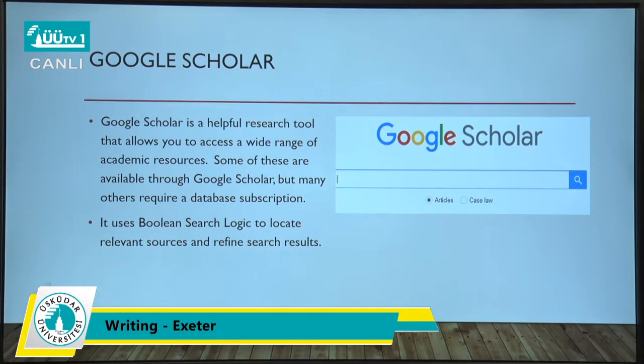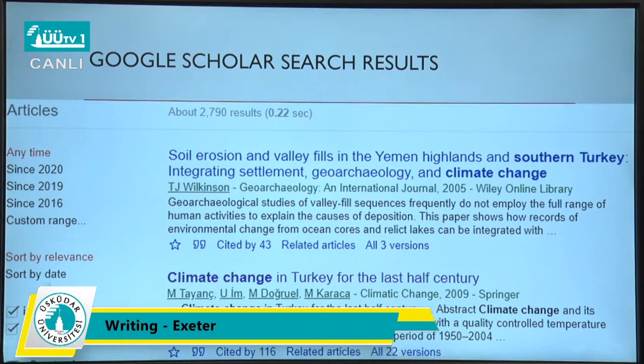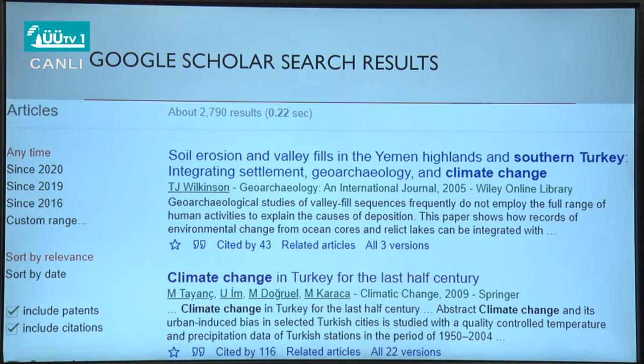Okay? So, as you can see here, we use Google Scholar, and this is an example of our results. As you remember, we had southern Turkey and climate change as our keywords. Let me read the first article that we have found: Soil erosion and valley fills in Yemen highland and southern Turkey, integrating settlement and geoarchaeology and climate change.